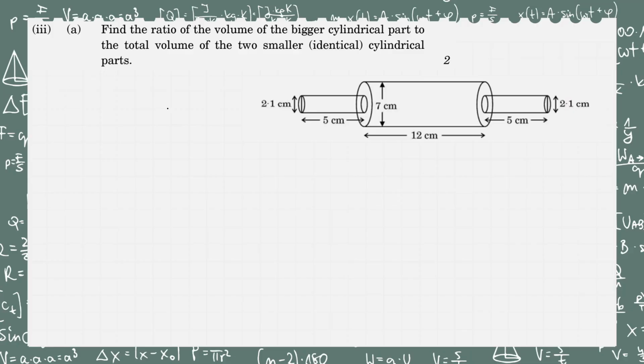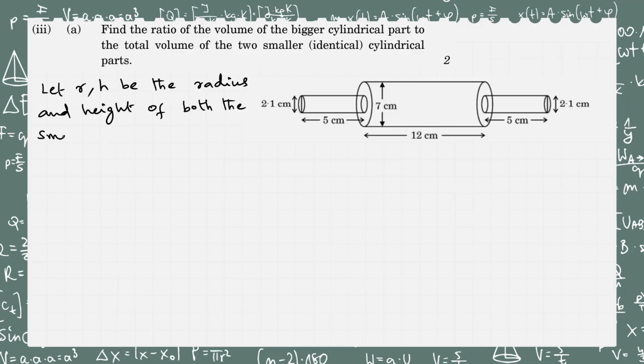So, let us assign the variables because we haven't done that also. So, let us do that, okay? So, let small r and small h be the radius and height of both the smaller cylindrical parts.